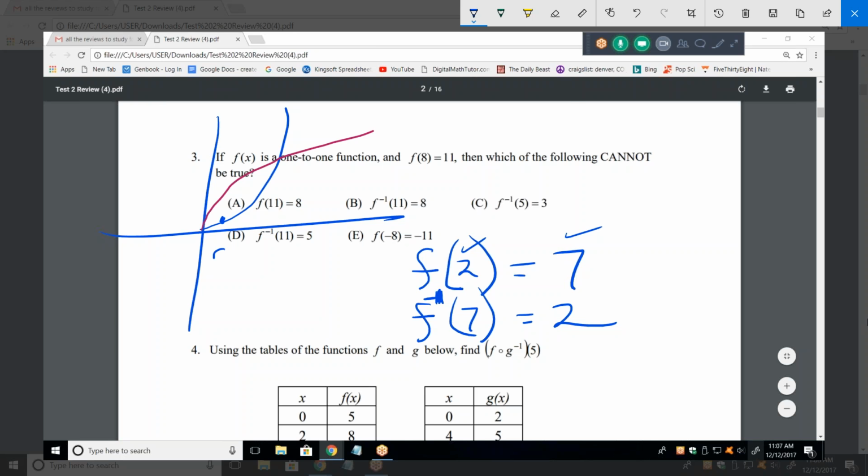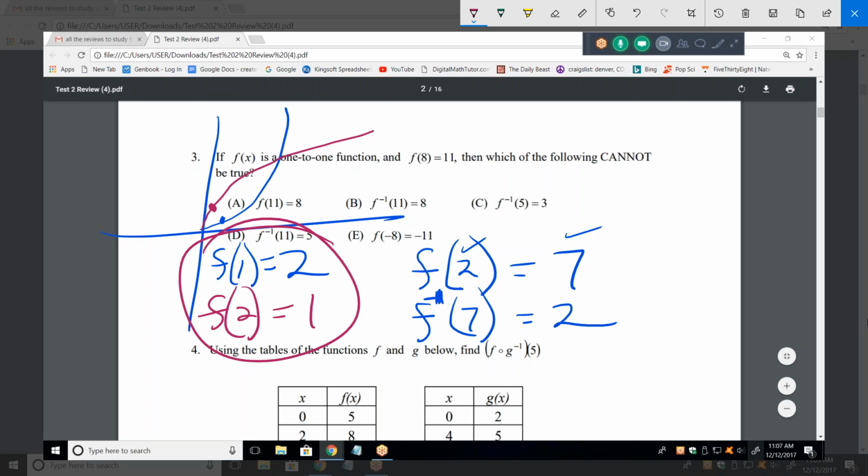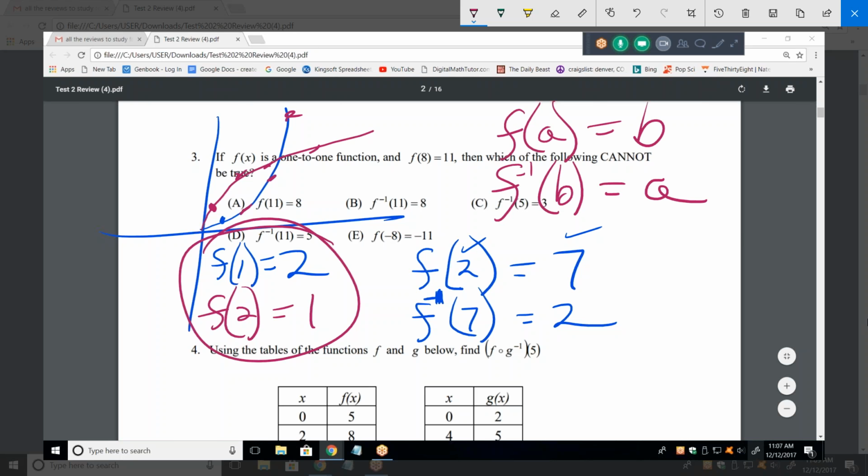So I have f of 1 equals 2. Well, if I look at the inverse function, the red function, that's the equivalent point. And f inverse of 2 is going to equal 1. Always, no matter where I'm at. I can be here, here, here. This is always a true statement. If f of A equals B, then f inverse of B equals A.